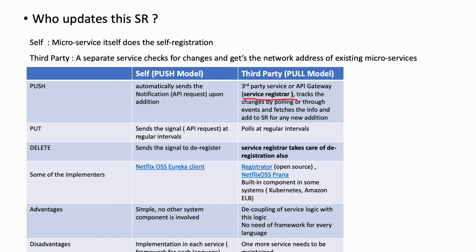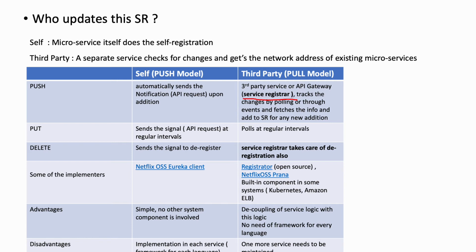Some of the projects implementing this concept: there is an open source project called Registrator which implements this concept. Similarly, in Netflix there is another project, Netflix OSS Prana, that uses this concept, and you have Kubernetes and Amazon Elastic Load Balancer, ELB.